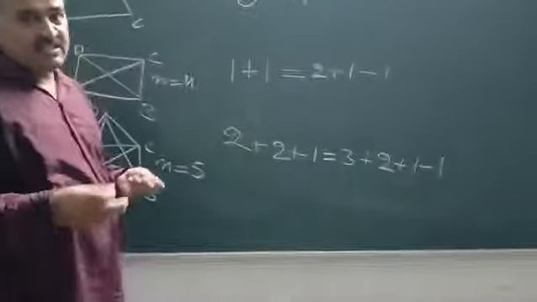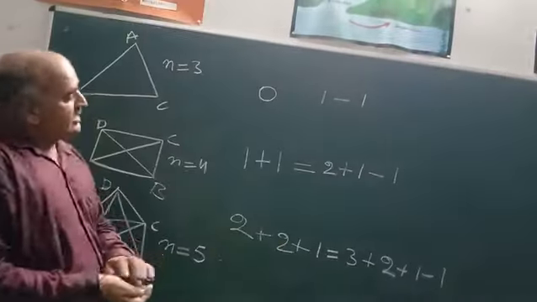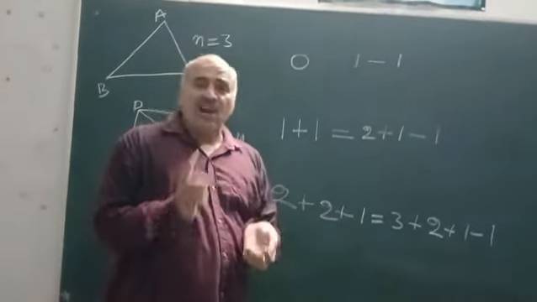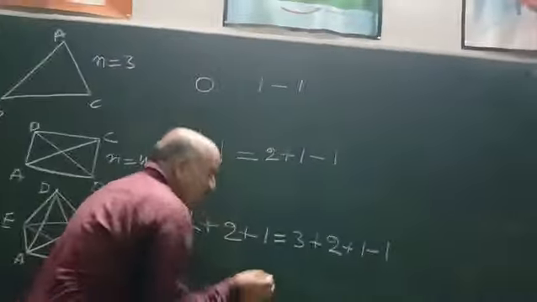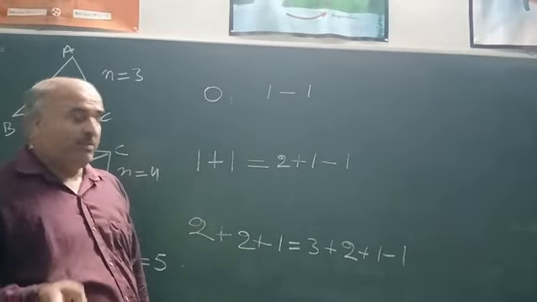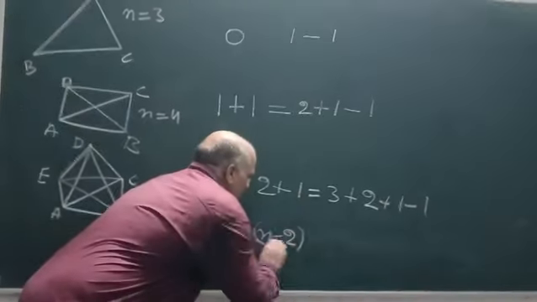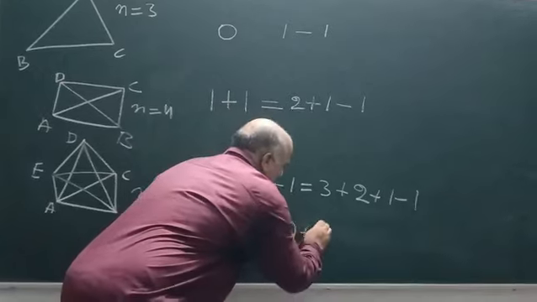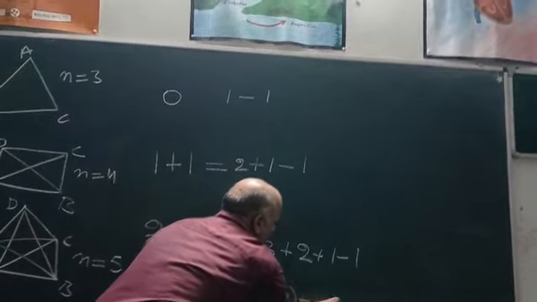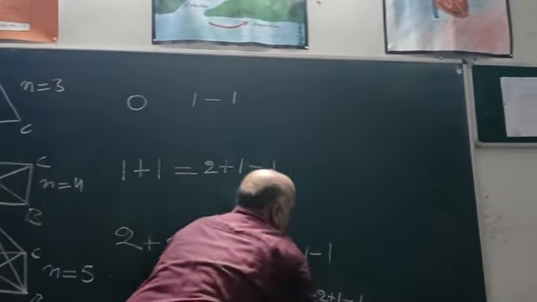And if there is a polygon with n sides, then using the same analogy, the largest number in that series will be n minus 2, then plus n minus 3, and so on, up to plus 2 plus 1 minus 1.